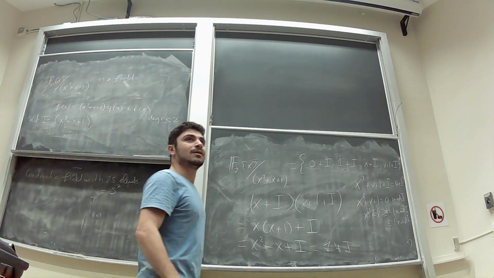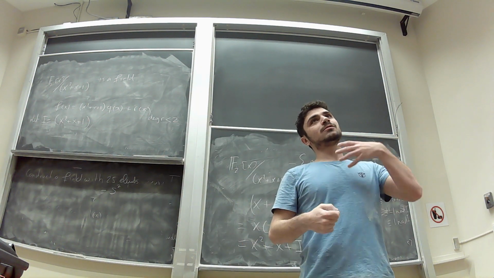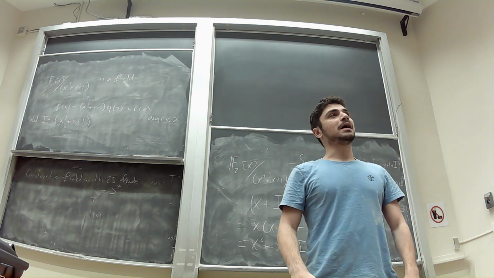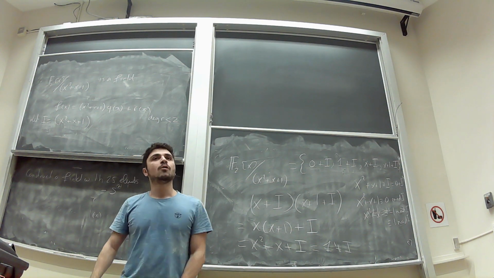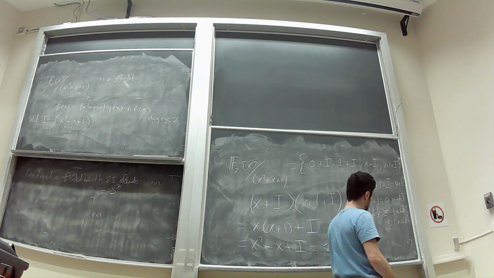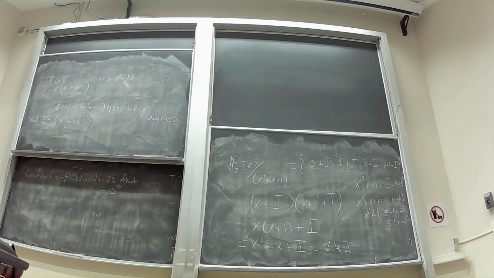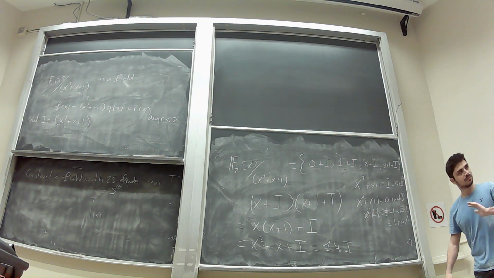The idea is to always start with Z mod 5, F5, and find an irreducible polynomial of degree 2. Why will that do it? If you find an irreducible polynomial of degree 2, then the quotient ring is a field.